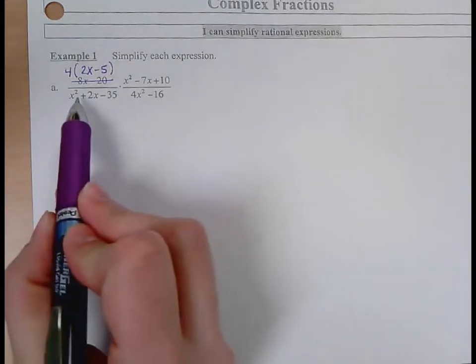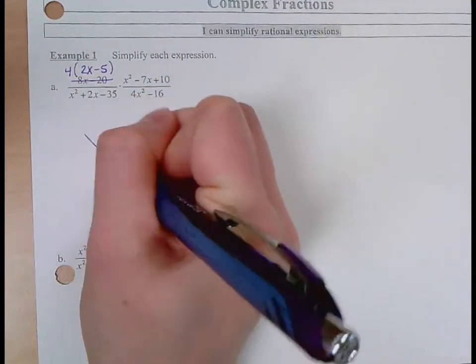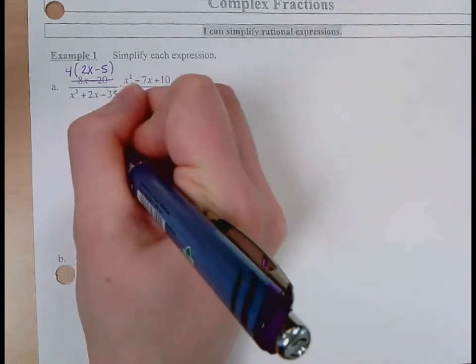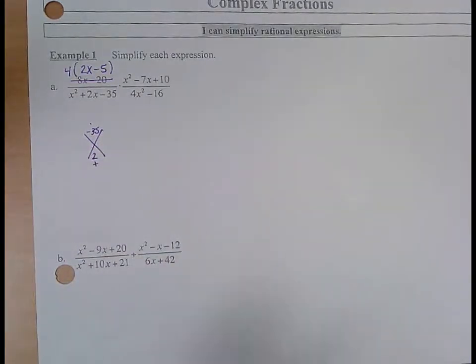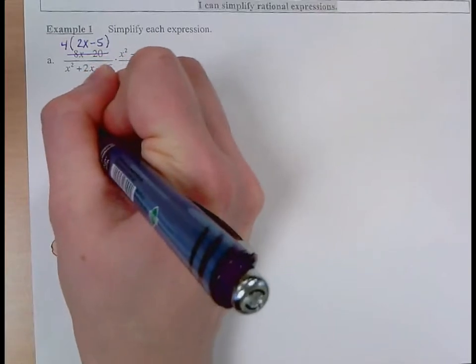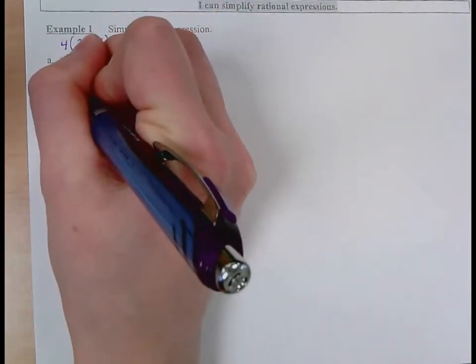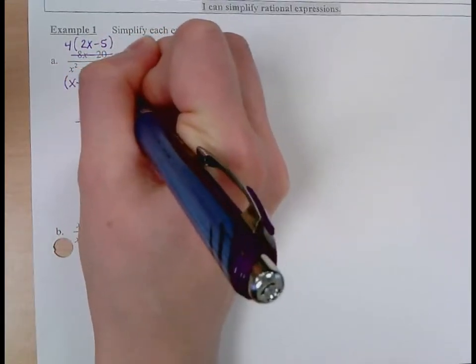And then on the bottom of that fraction, like I said, this is a trinomial, so we can set up a diamond. We'd be multiplying to negative 35 and adding to positive 2. Are there two numbers that work? Yep, negative 5 and positive 7. So this could be factored as x minus 5 times x plus 7.